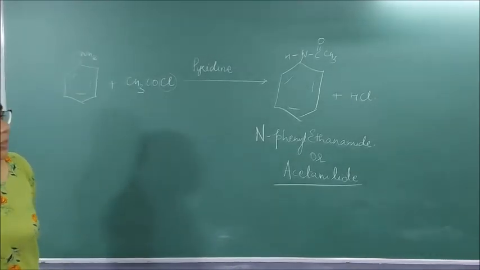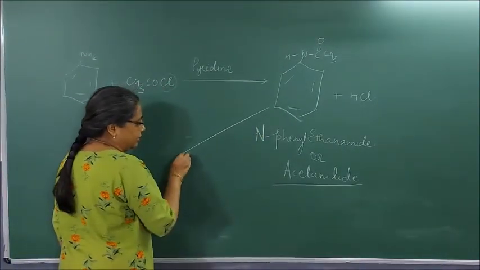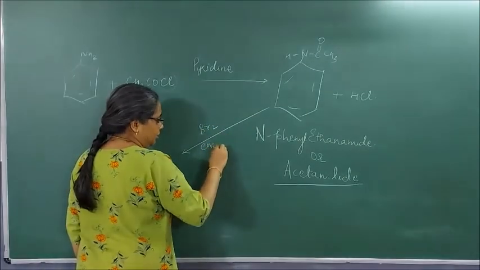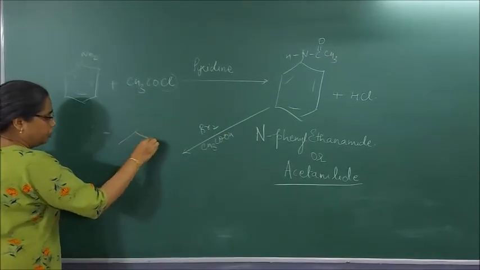Done? Now, after doing this, what we will do is, we will brominate it. You can write it in the same line. Brominate it in presence of acid. So it forms what? It forms two products.